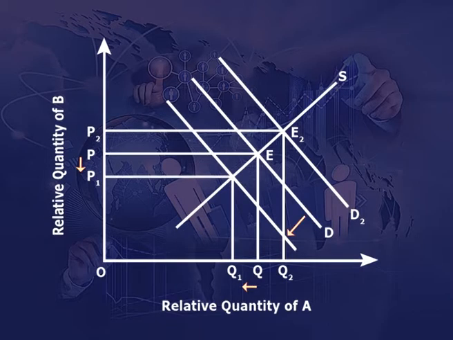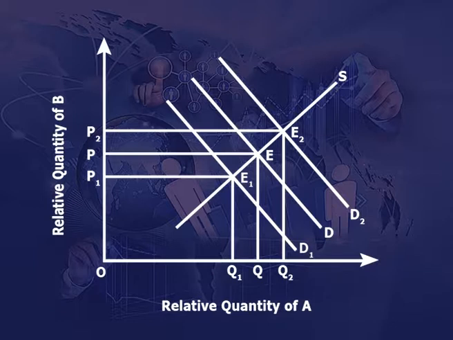The new equilibrium is at E1. The relative quantity of A has fallen from OQ to OQ1 and its relative price from OP to OP1. This shows worsening of its terms of trade.